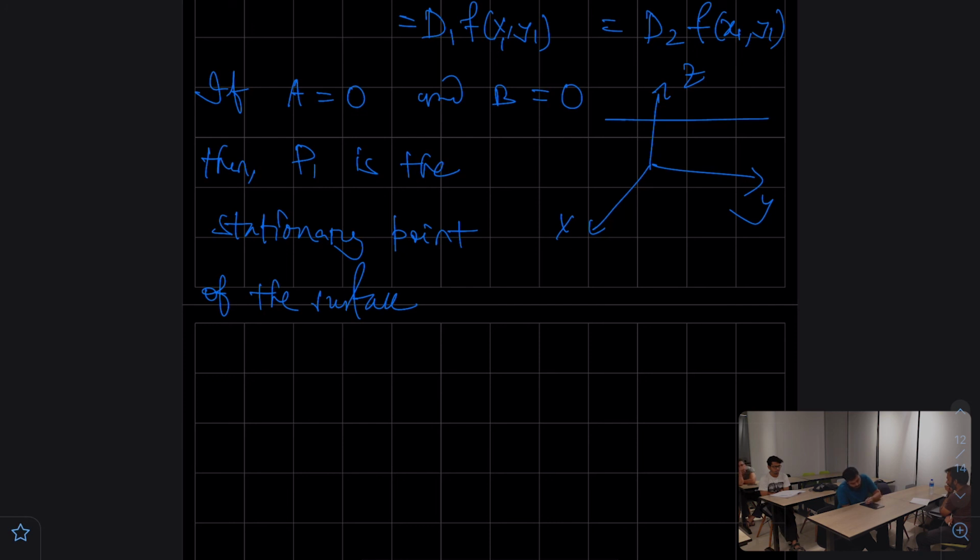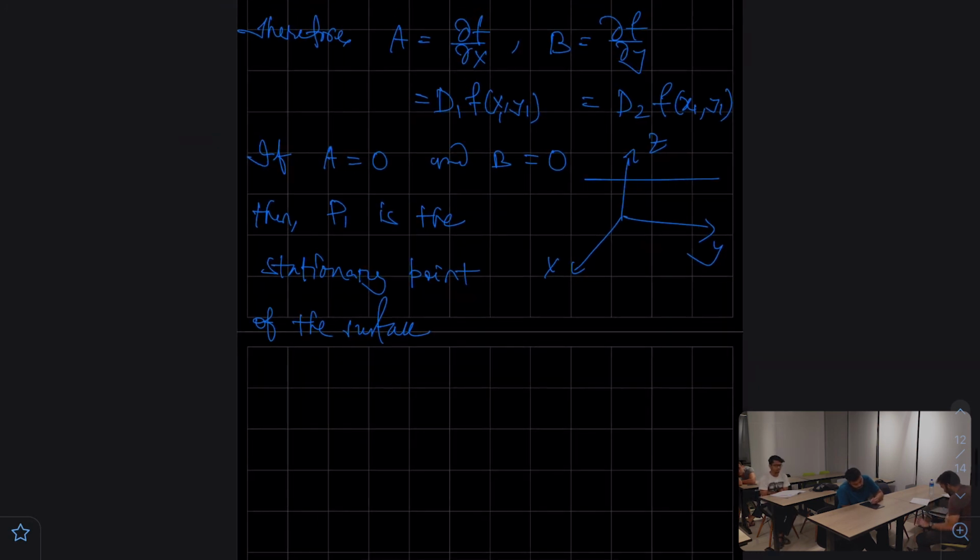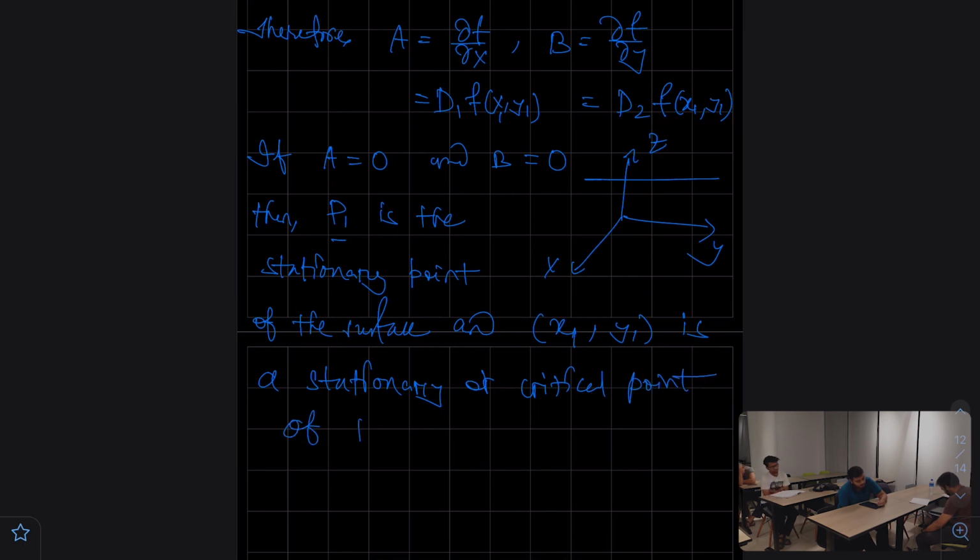We'll do it in the next class, but this is the flavor of it: if a and b are 0 in such a plane equation, then that point is termed a stationary point of the surface, and that point as well, this is the same point, is a stationary or critical point of the function f of x comma y.